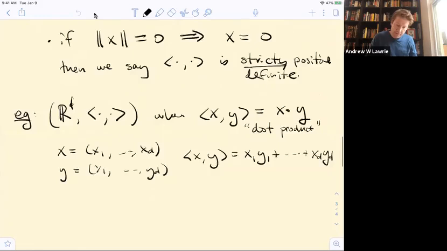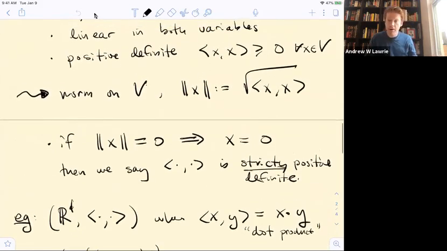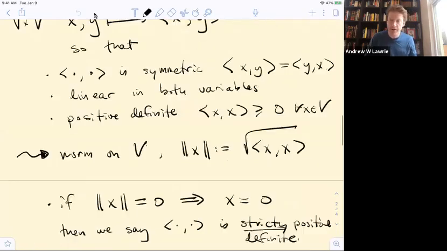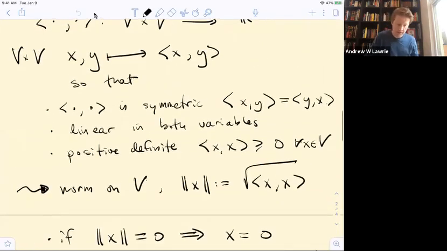We require a slightly different definition in the case that we have a complex vector space.